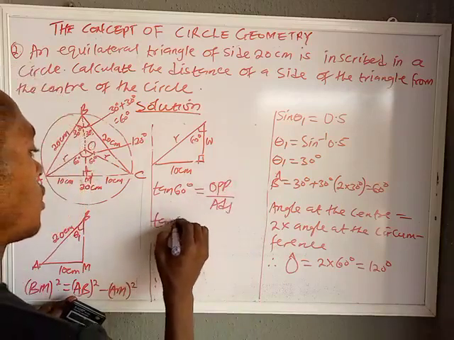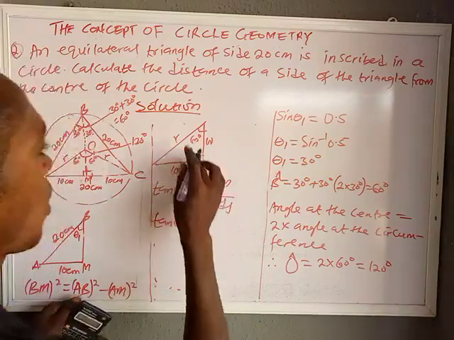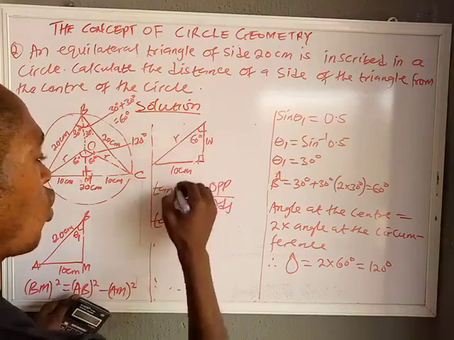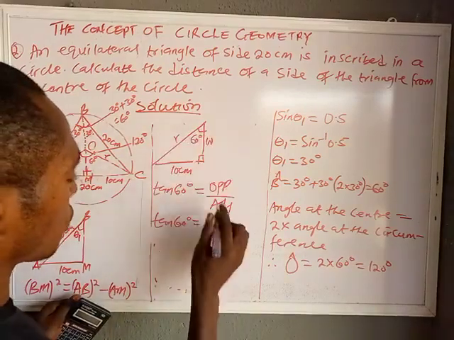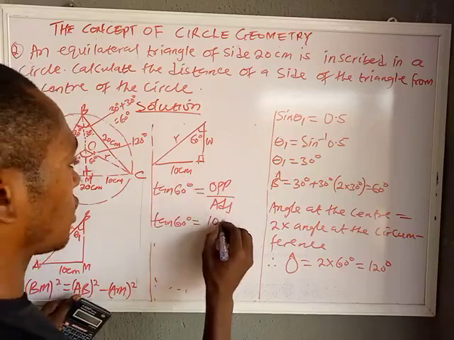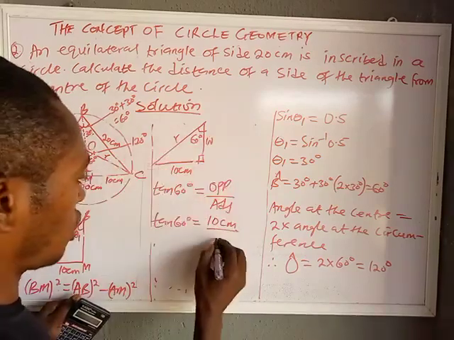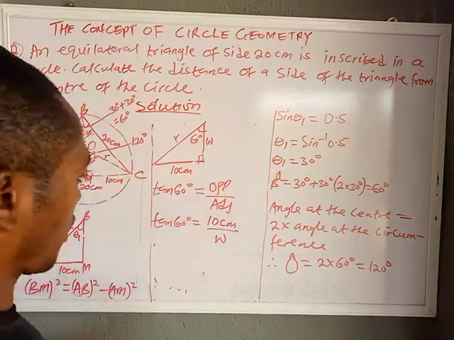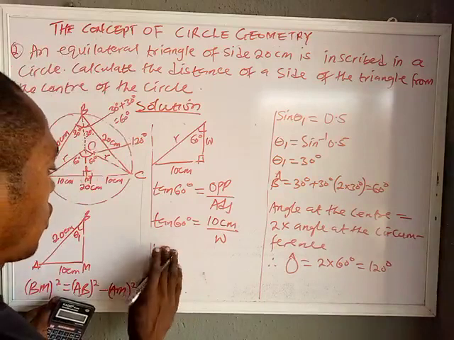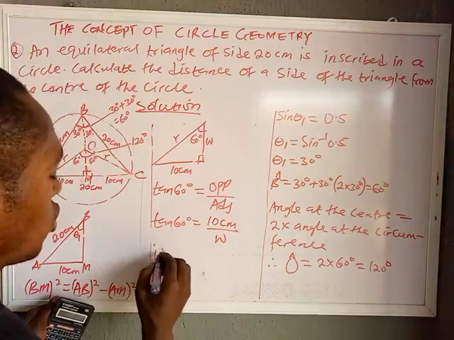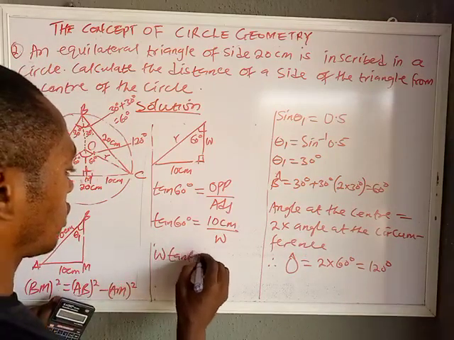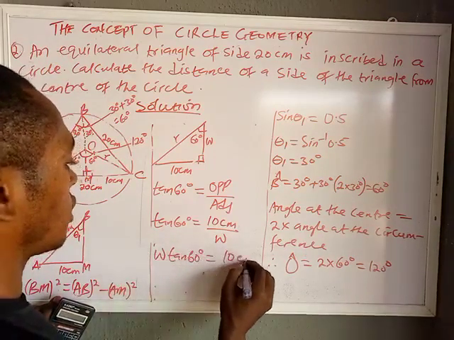So tan 60 degrees is equal to the opposite. Our opposite is 10 centimeters over, we don't know this. So what we're going to do, we cross multiply. So we have W times tan 60 degrees equals 10 centimeters.